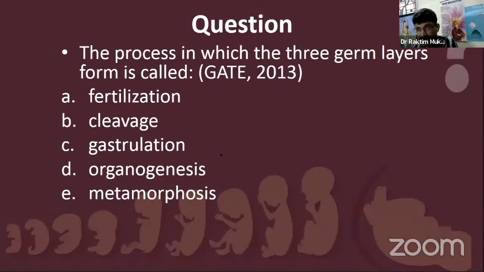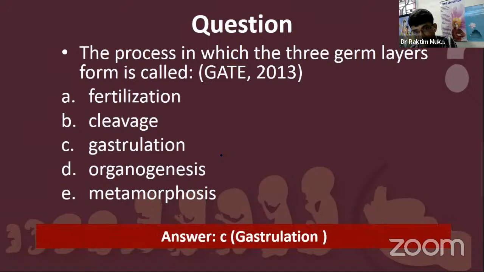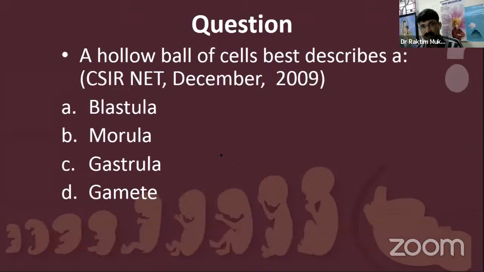The process in which three germ layers form is called, well, I don't think this needs any time because this is pretty simple. Sometimes such types of questions are also asked. The answer is gastrulation. A hollow ball of cells best describes whether it is blastula, morula, gastrula, or gamete.